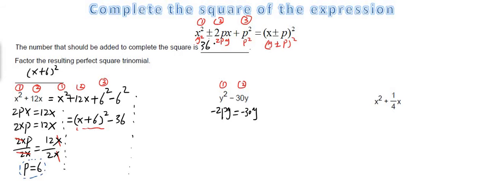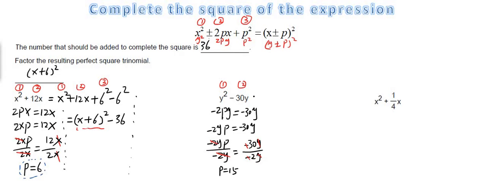So now we can solve for p. We can write negative 2yp, and divide by negative 2y for both sides. We cancel out, and p equals 15.